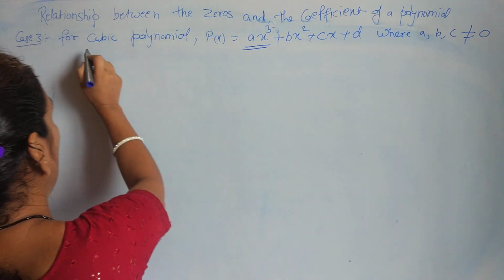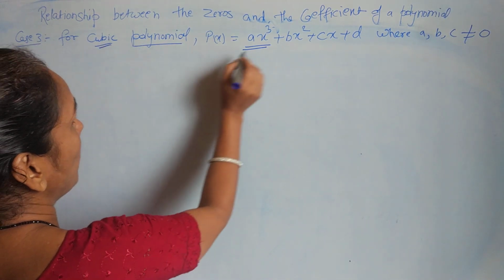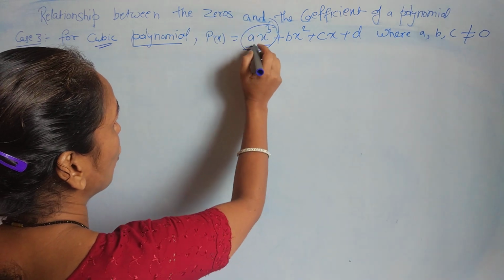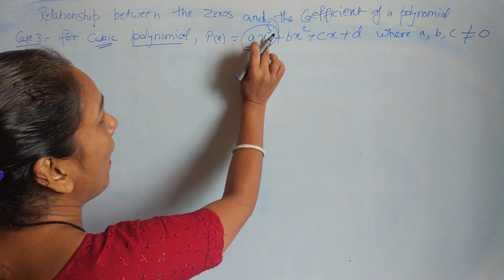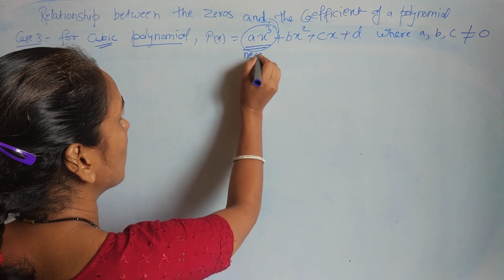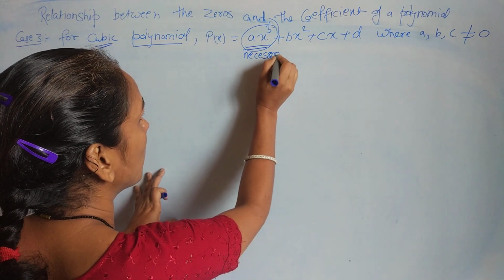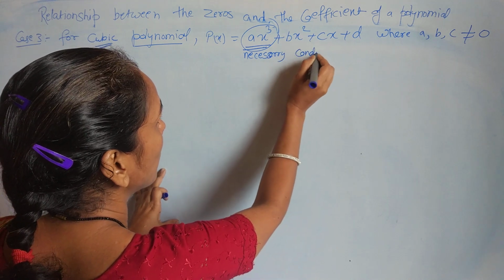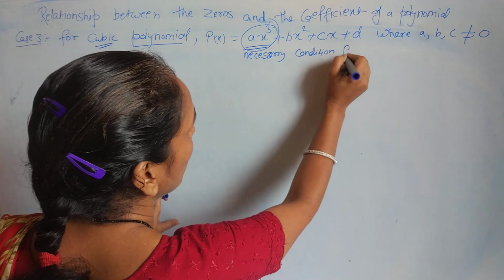But for any polynomial being cubic, the necessary condition is that the coefficient of x cube should not be equal to 0.